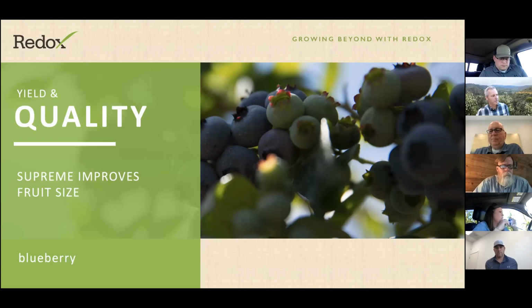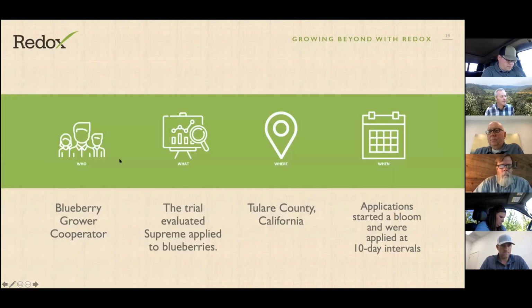This one is another one on blueberries that was conducted down in California in Tulare County with a blueberry grower cooperator. Applications starting at bloom, as John did, every 10 days, 1 pound per acre of Supreme.